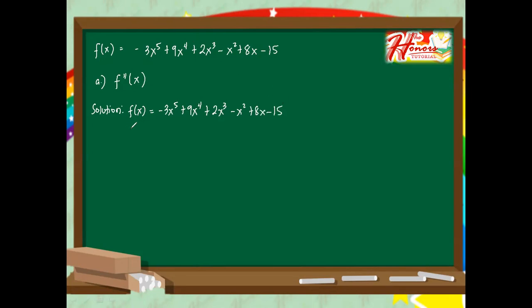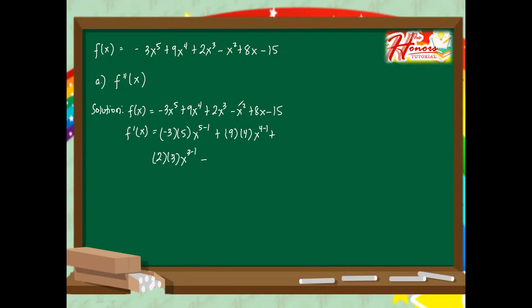And then let's get first the first derivative of the given, because we cannot get the second derivative if we don't have the first derivative. So we will be multiplying negative 3 and the exponent 5, copy x and then raise to 5 minus 1, plus the quantity of 9 times the exponent 4, x raised to 4 minus 1, plus 2 times the exponent 3, x raised to 3 minus 1, minus.